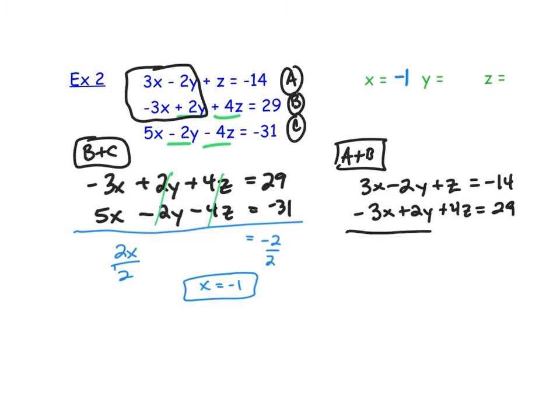So when I add these two equations together, I'm going to cancel out the x's, cancel out the y's, and we have 5z equals 15. Divide both sides by 5, we get z equals 3.